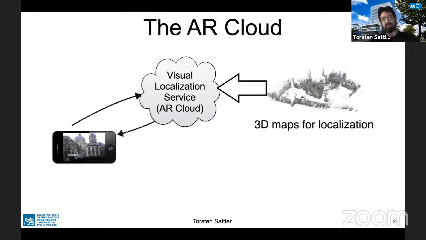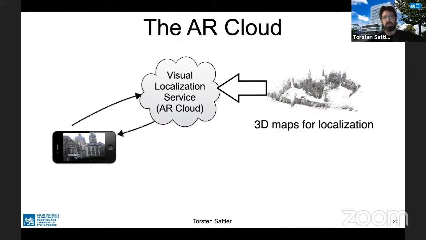And that requires that you have to have some sort of 3D maps stored in this cloud. And that's not a problem if you think of self-driving cars, where all the maps are actually public knowledge. It captures scenes that are publicly accessible.